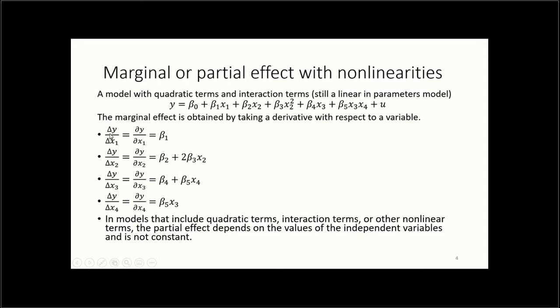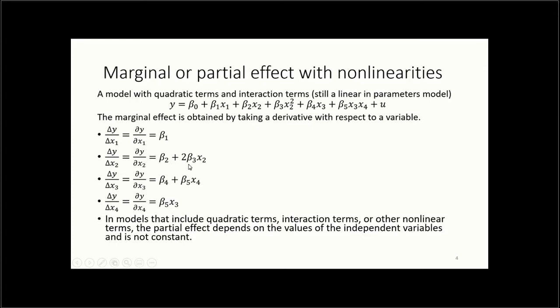So the change in y over the change in x1, well, x1 only appears here, so that would be the coefficient beta 1. The change in y over the change in x2 is the coefficient beta 2 plus, from the properties of the derivative, twice the coefficient beta 3 times x2. So this is what the partial effect will be with a quadratic term for x2.